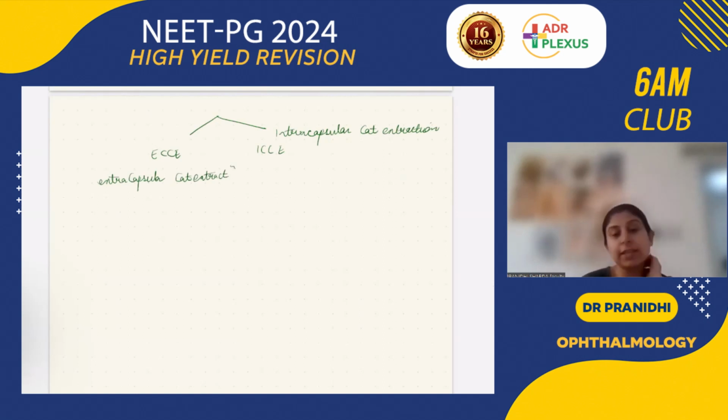As the name suggests, extracapsular means we are not touching the capsule. So there are two main surgeries, intracapsular and extracapsular. The intracapsular is mostly obsolete now, but extracapsular is the surgery which we use, and it has further subtypes.